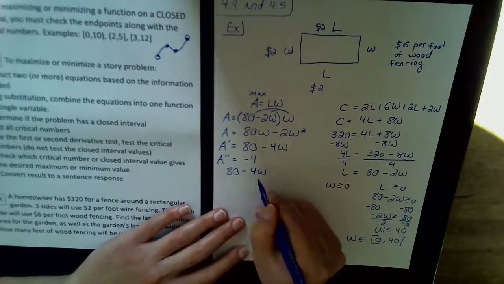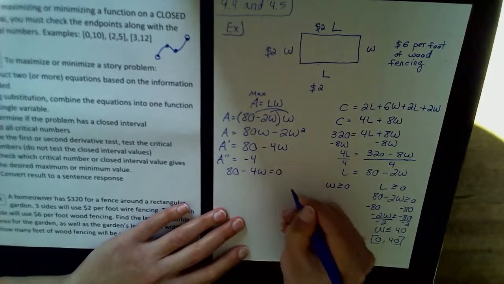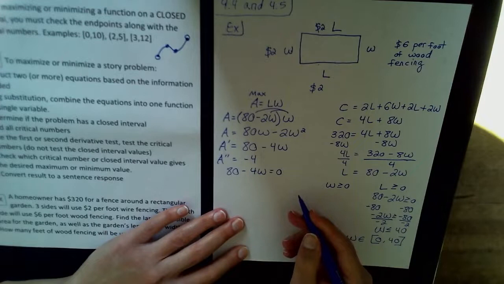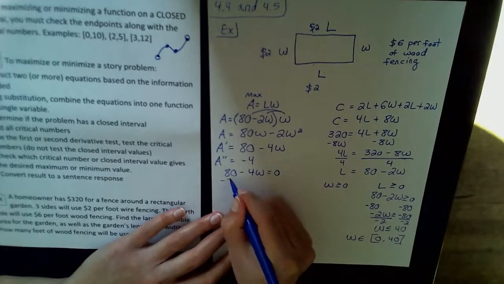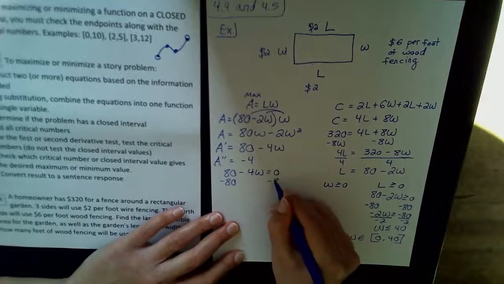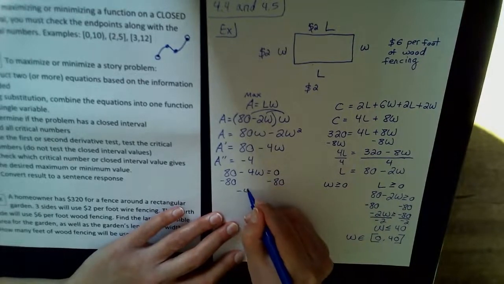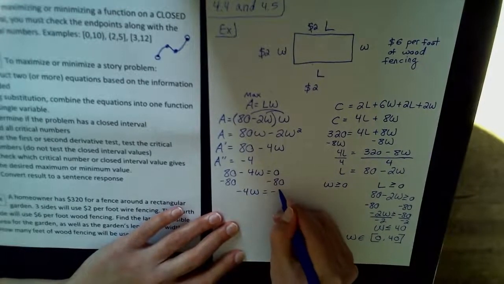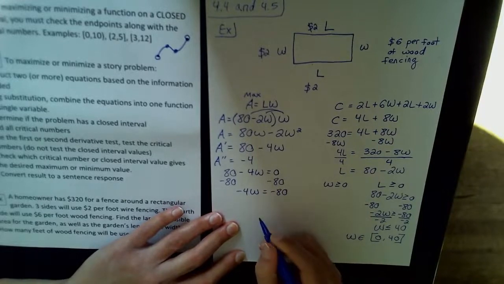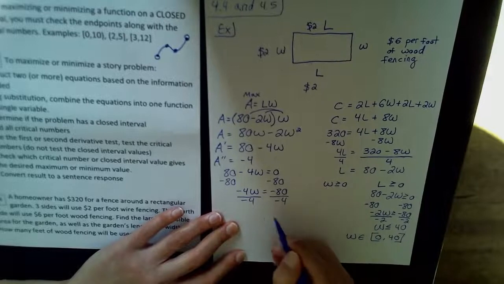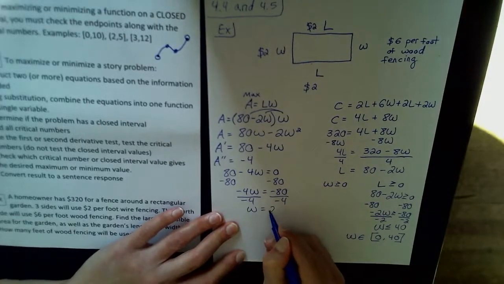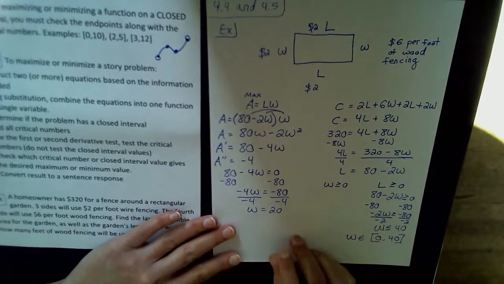So we take 80 minus 4W, we set it equal to 0, and now we solve for W. So we're going to subtract 80 from each side to get minus 4W equals minus 80. We'll divide each side by negative 4, which gives us W equals 20.